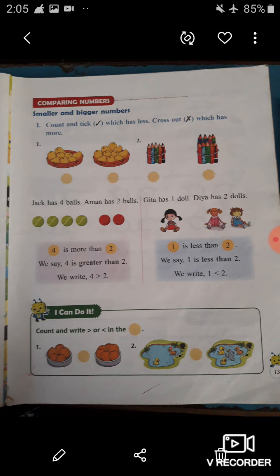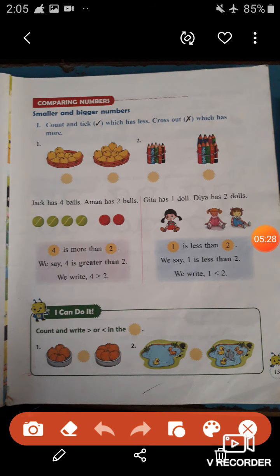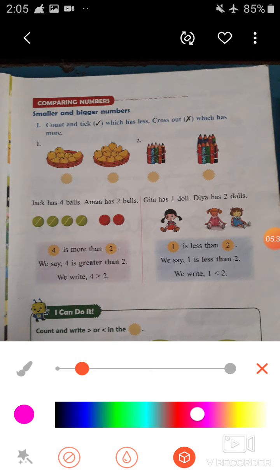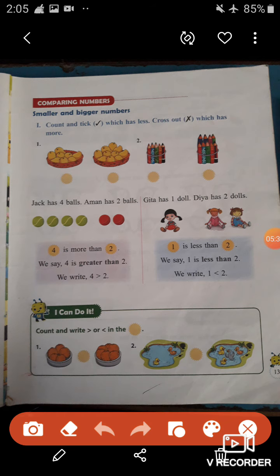Now the first one, look here. Let's count how many mangoes are in the first basket. 1, 2, 3, 4, 5, 6, 7 and 8.